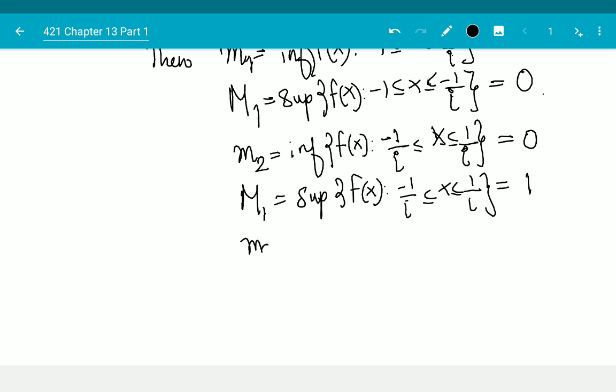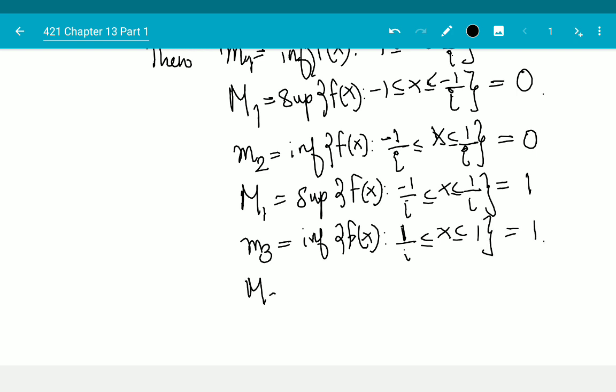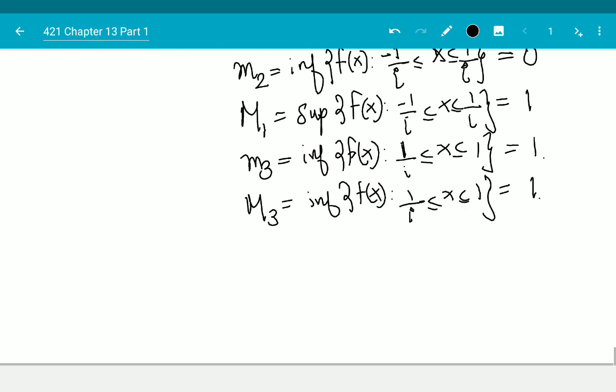Okay? And m3 is equal to the infimum of f of x from 1 over i smaller than or equal to x smaller than or equal to 1, which is 1 because the function is constantly 1, and capital M3 is the supremum of f of x from 1 over i smaller than or equal to x smaller than or equal to 1. Again, because it's constantly 1, it is 1.